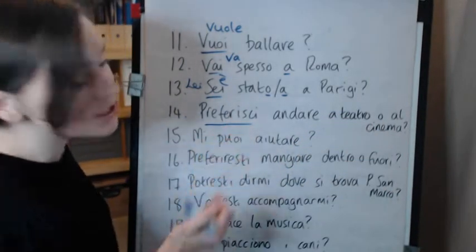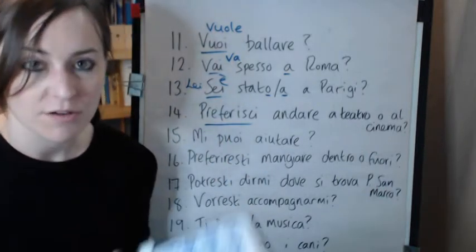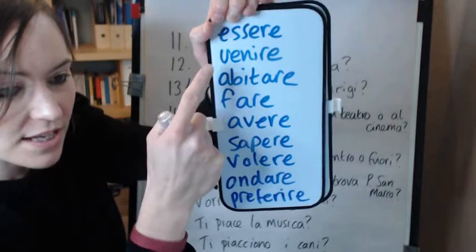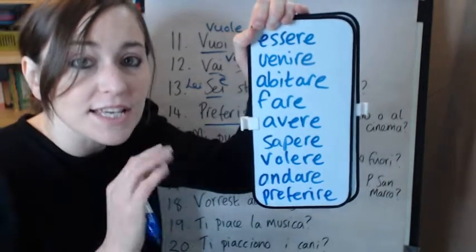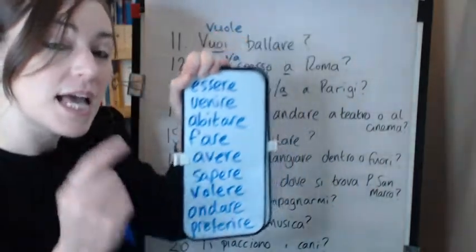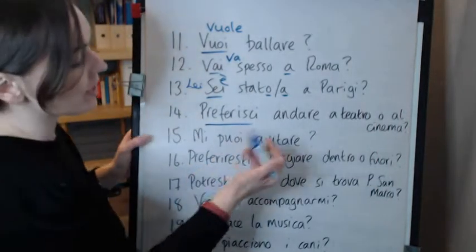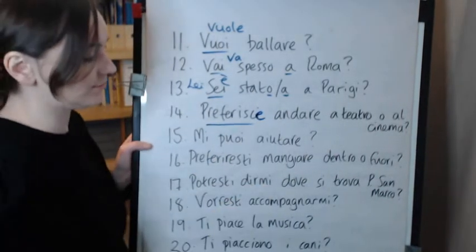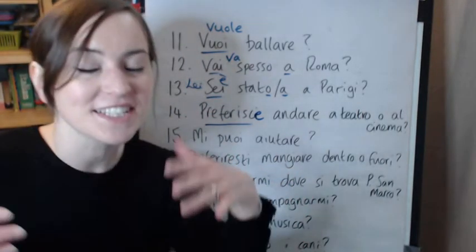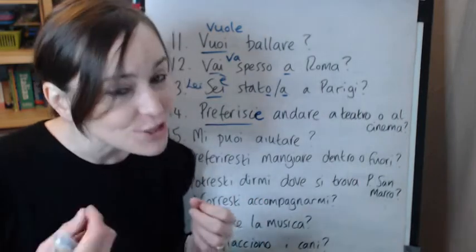So we're going to change this to the third person. Now, preferire is an IRE verb. And I think I mentioned before, like venire, the third person singular he, she, lei, lui, lei form ends with an E for IRE verbs. So, preferisce. When you hear in films, the mafioso type films, you hear capisce, capisce, capisce.